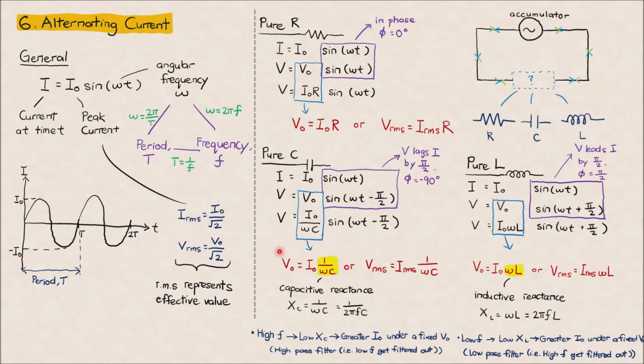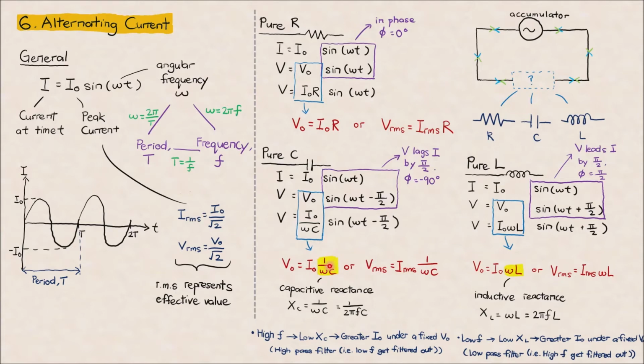This is the equation that relates the peak voltage and the peak current. Of course, there's also an RMS version, which is VRMS equals IRMS times 1 over omega c. These two equations are valid, and to transform from one to another, you just use this equation over here.